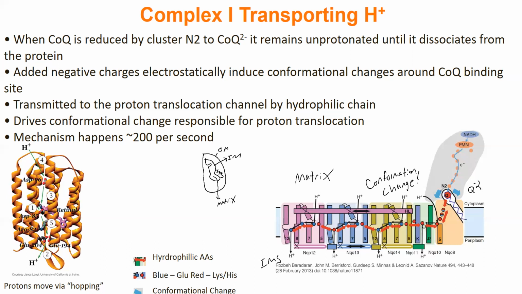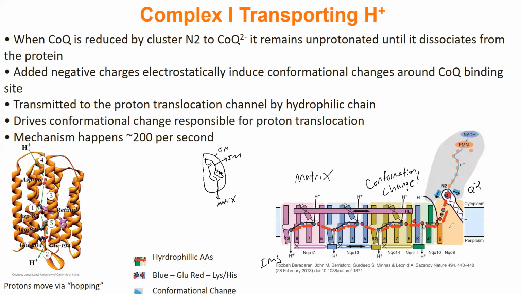When that happens, these blue arrows are showing how the protein responds to this negative Q. You have this conformational change, and this conformational change is felt throughout the whole protein. These red arrows are trying to show how different amino acid side chains move.